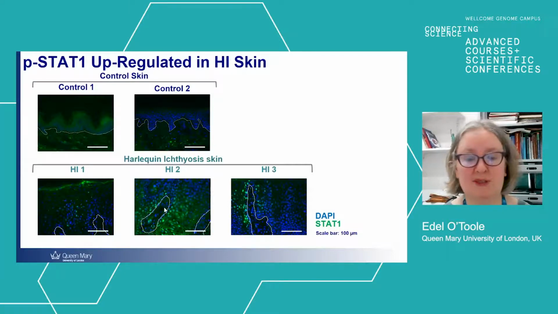However, in Harlequin ichthyosis skin, we observed nuclear phospho-STAT1 in all 3 samples. In HI1 we observed less, probably because that was in the freezer for 18 months by the time we stained it. So these antibodies work better in fairly fresh samples.